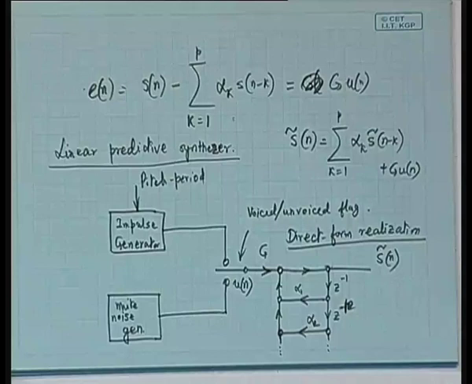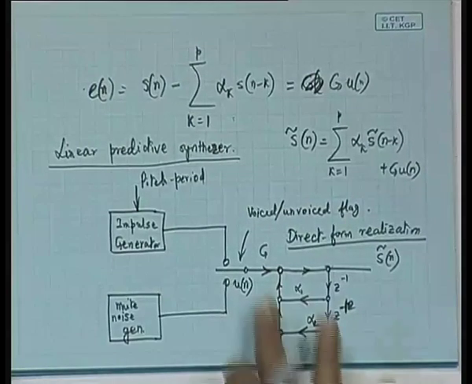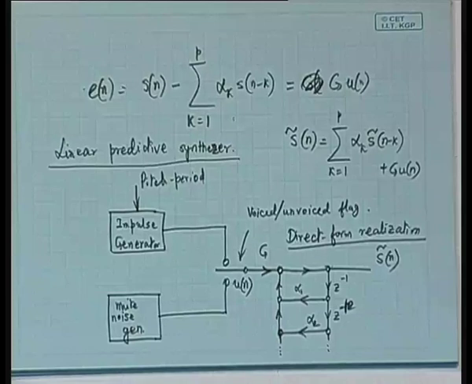So, for every frame we are estimating that, and also the voiced unvoiced flag status. So, at the beginning of every frame we will be obtaining these parameters. But for unvoiced speech, once per frame should be sufficient.